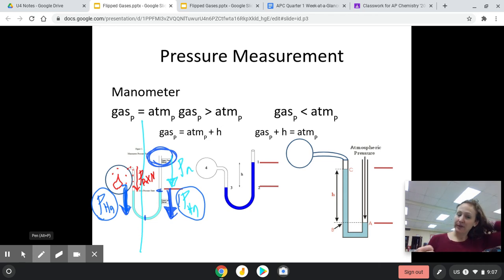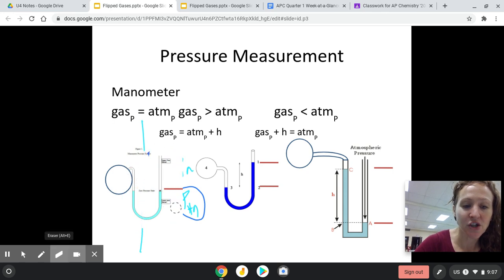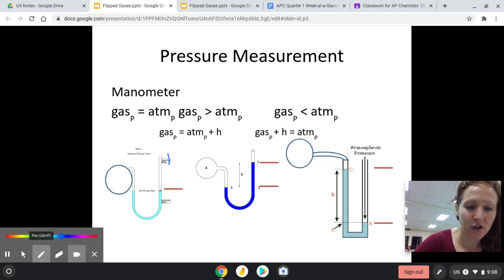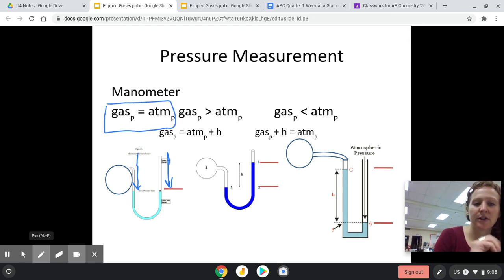Okay, so in this first example, the pressure of the atmosphere is going to be equal to the pressure of the reaction that we are creating. That is this first scenario.